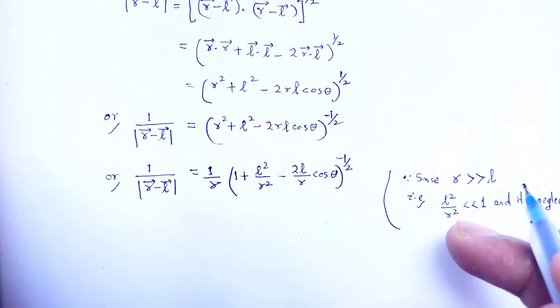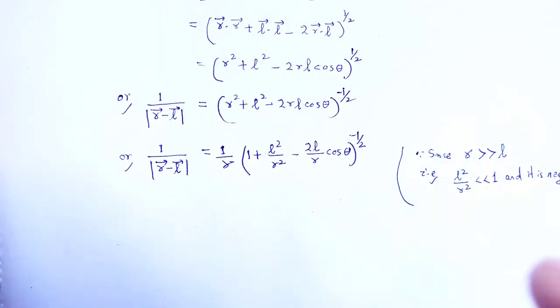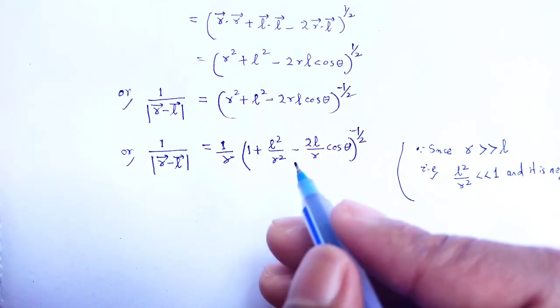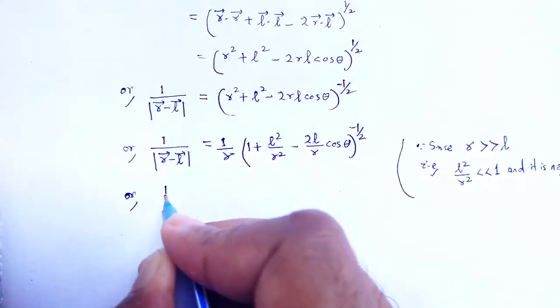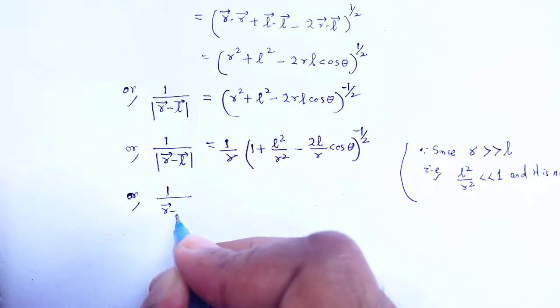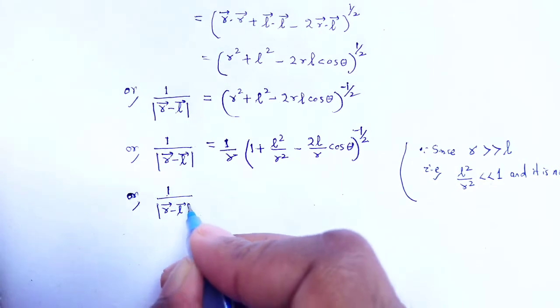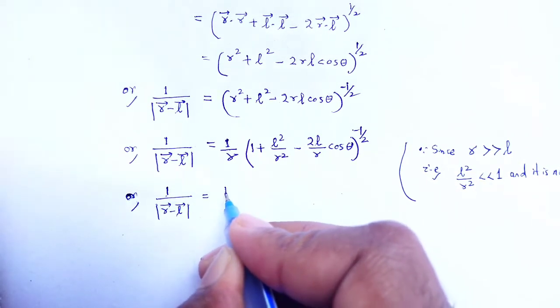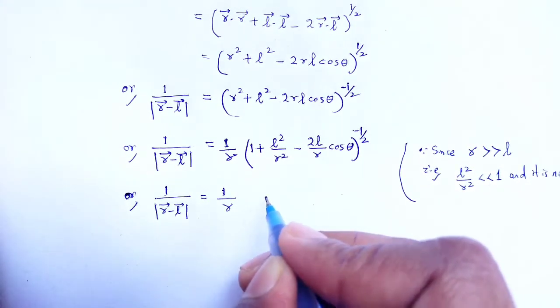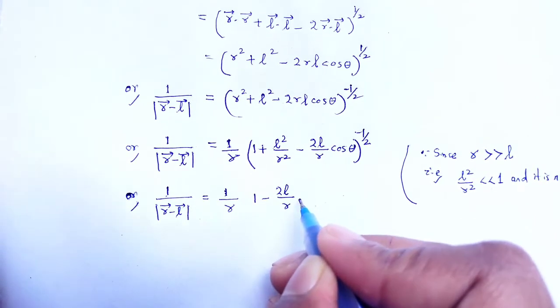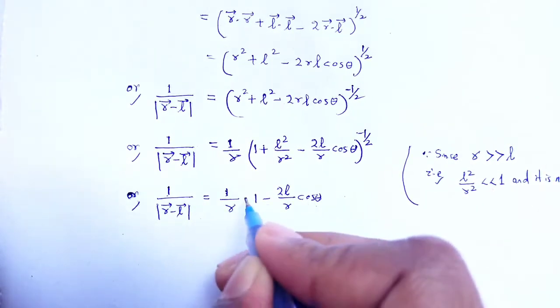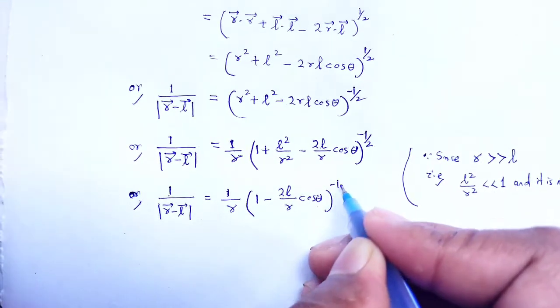These values will be neglected. So, that bracket term will be 1 by the magnitude of r minus L, equal to 1 by r times 1 minus 2L divided by r cos theta, to the power minus half.